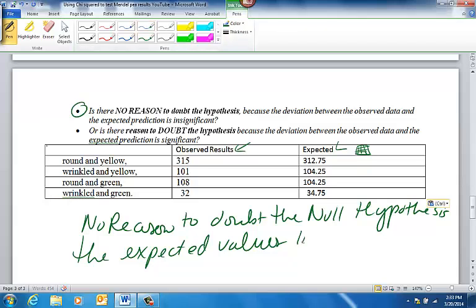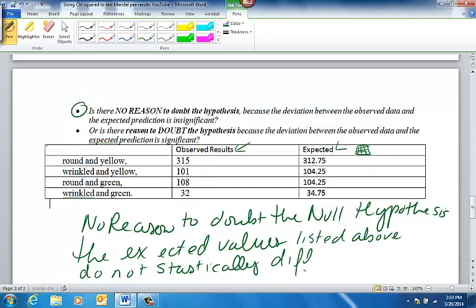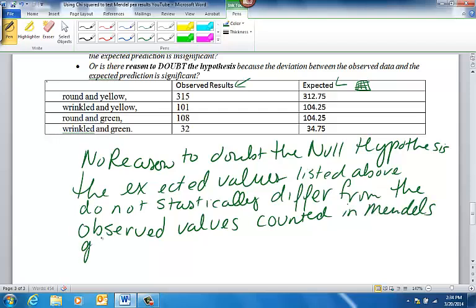The expected values listed above do not statistically differ from the observed values counted in Mendel's garden experiment.